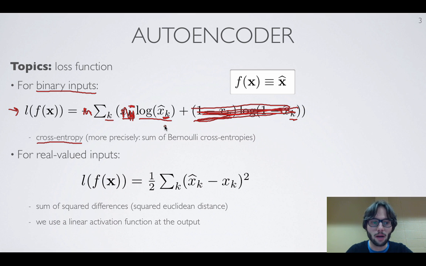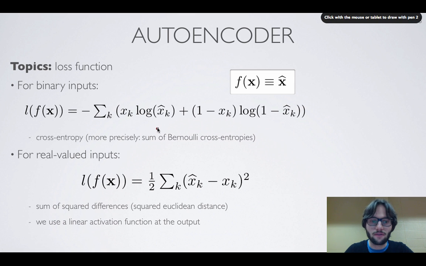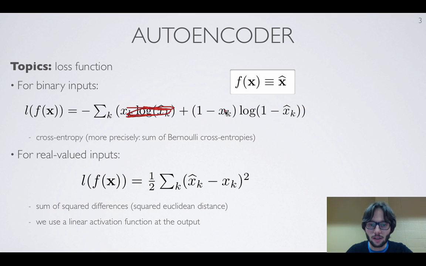Remember that for binary inputs, we'll use a sigmoidal activation function at the output. So the biggest x hat k can be is 1. So if xk is 1, we'll try to push the output towards 1. Now if xk was 0, then this term would be 0, so this whole term would be 1, so we just have this. And using the same reasoning, we'd find that in that case, we'll try to push x hat k towards 0.